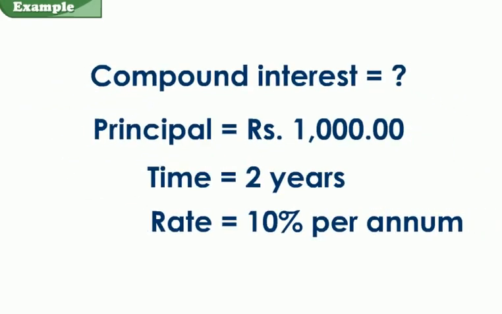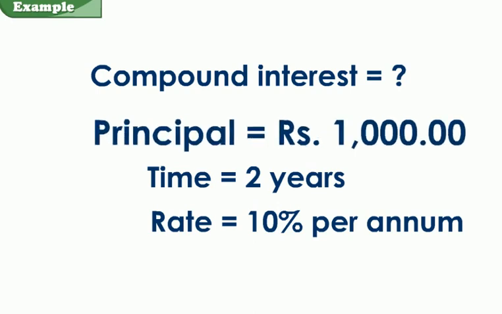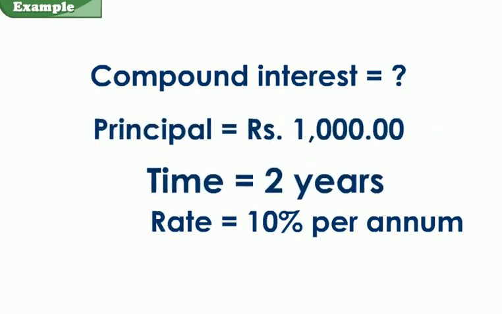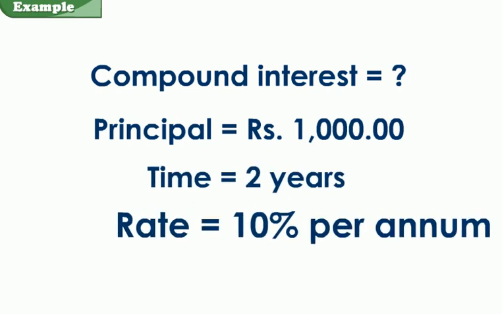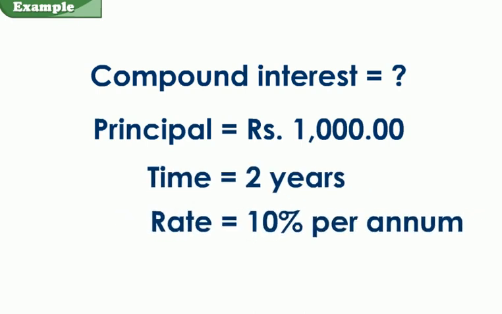Now look at the example given below that counts the compound interest manually. Calculation of compound interest on rupees 1,000 for 2 years at 10% per annum.